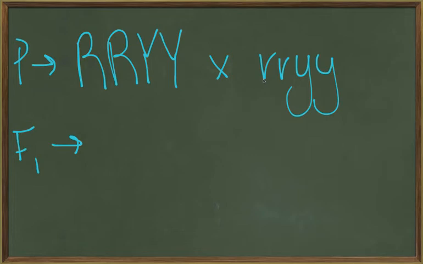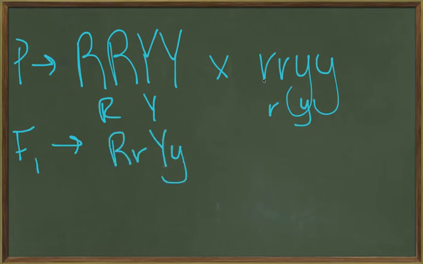When you break this down, this parent can only give big R's and big Y's. This parent can only give little r's and little y's. So what you would come up with is that the first filial generation was all heterozygous for the 2 different traits. However, their phenotype, what they actually displayed, would look like this parent right here.